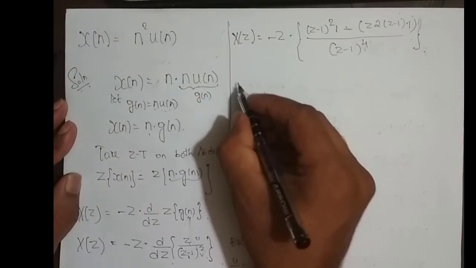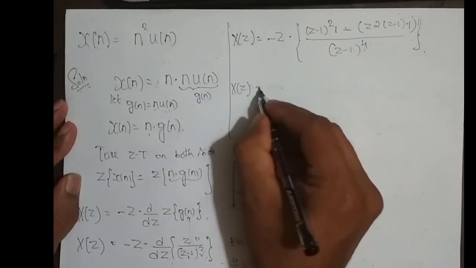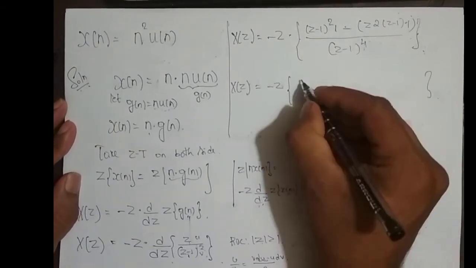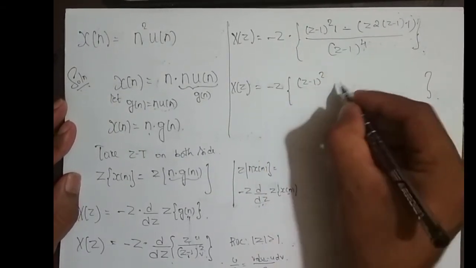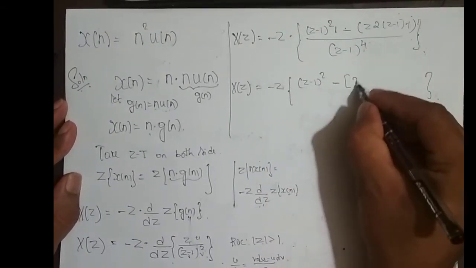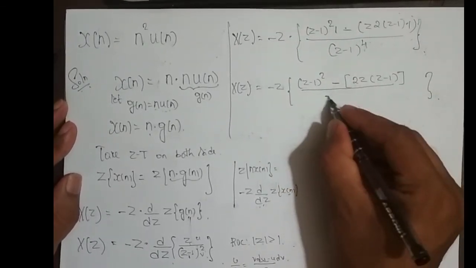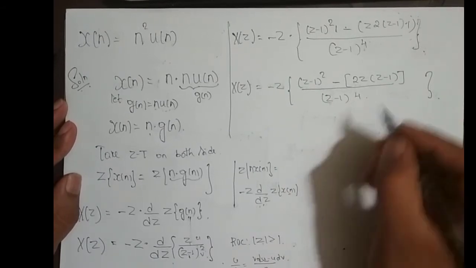So X(z) is equal to minus z into, what I end up with here is (z minus 1) whole square minus 2z times (z minus 1), divided by (z minus 1) whole power 4.